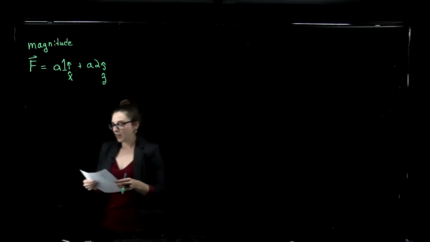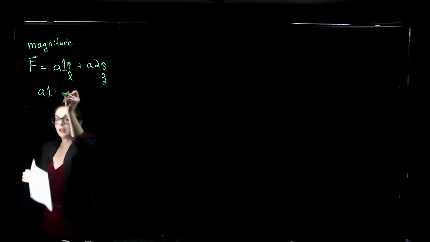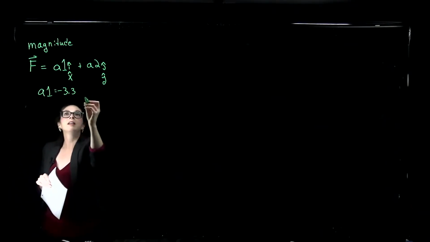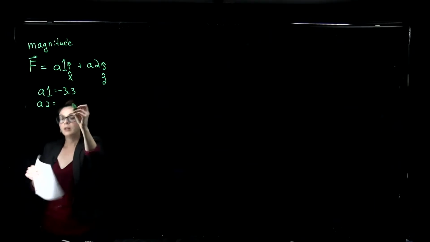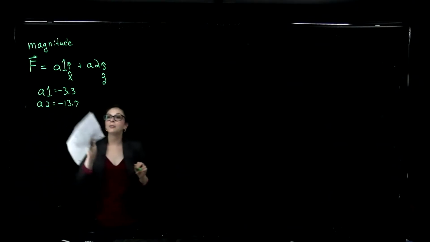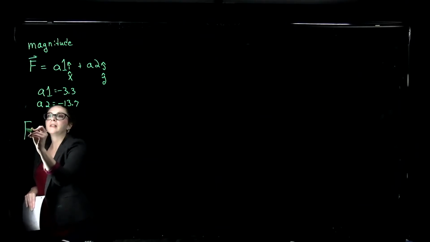So for me, I was given A1 equals minus 3.3, and A2 is equal to minus 13.7. So if I rewrite my vector using those components, my vector will look like this.